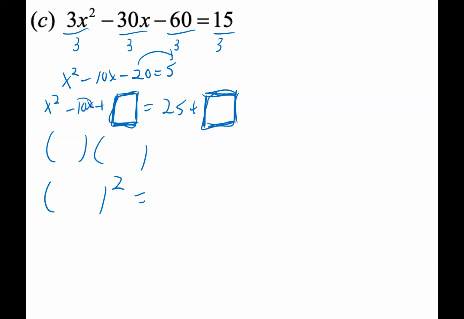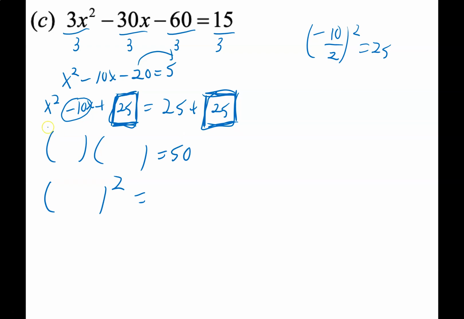Well, I take half of my b. My b is negative 10, and I square it. Negative 10 divided by 2 is 5. 5 squared is 25. So I'm going to add 25 to both sides, which on the right side will give me a 50.